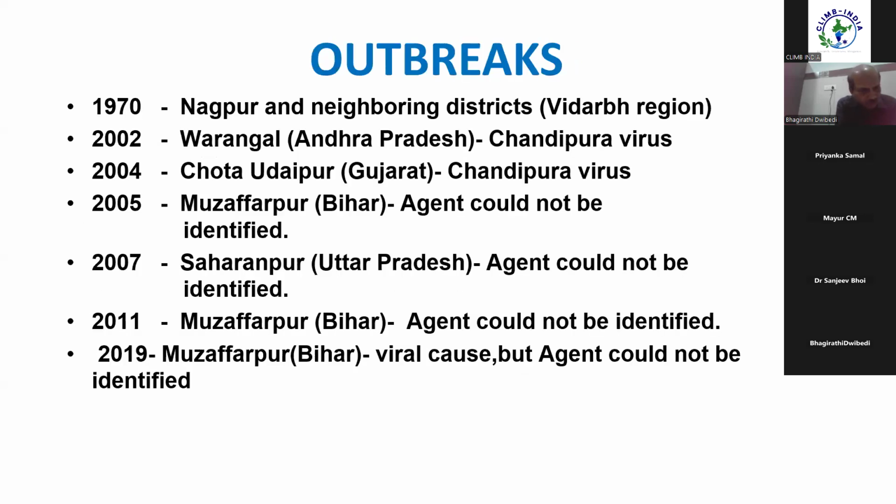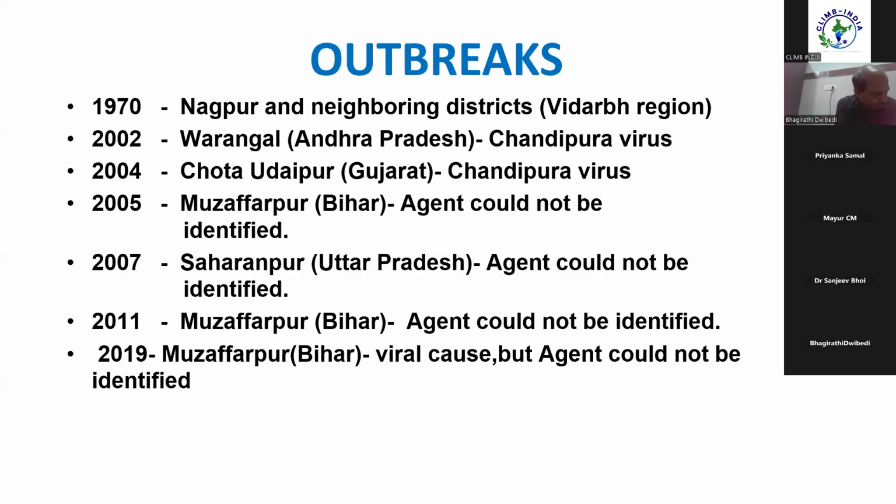Next slide. I have tried to list different outbreaks here. JE outbreak is not there because JE is coming here and there most of the time, so I didn't include that. Besides JE, if you look into the different outbreaks and different settings, mostly the region covered by the Eastern Ghat belt, starting from Karnataka, Andhra Pradesh, Odisha, some part of Maharashtra, or Bihar, Madhya, all these regions are being affected with different types of viral encephalitis.